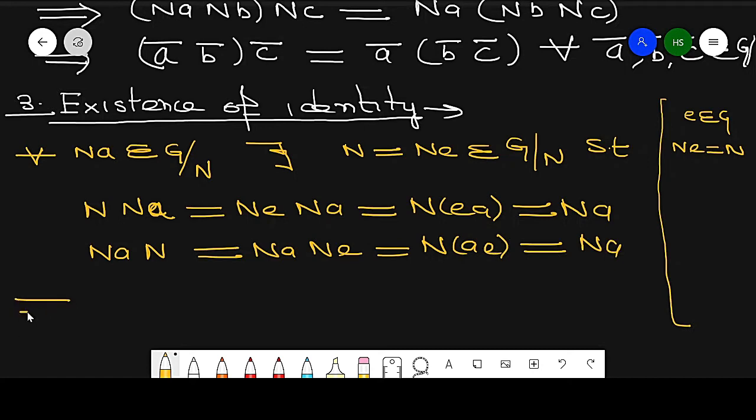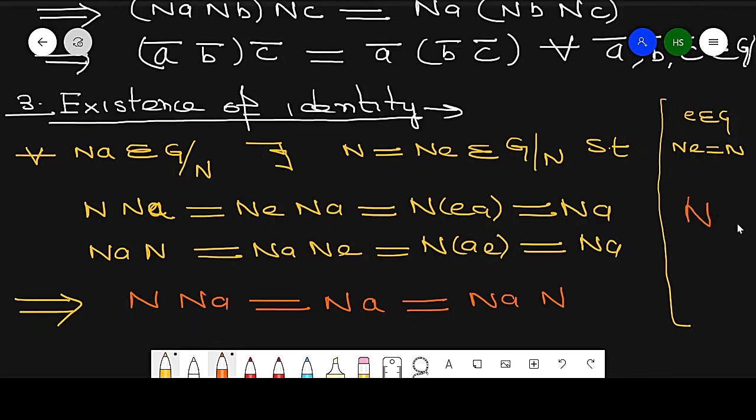So what we get is N into Ne equals N, and Na into N equals Na. Here remember that the identity is capital N. Remember here the identity is not e. Here the identity is capital N. So the identity of G/N is N.